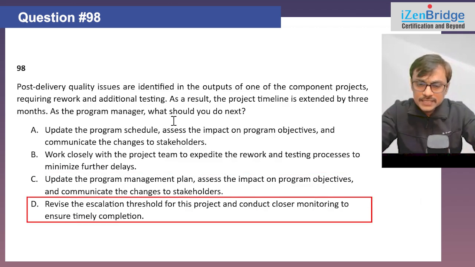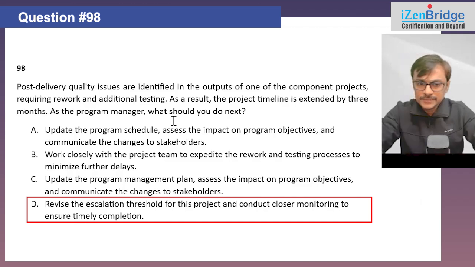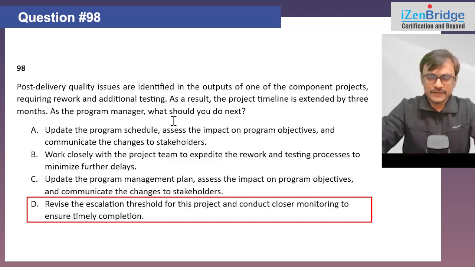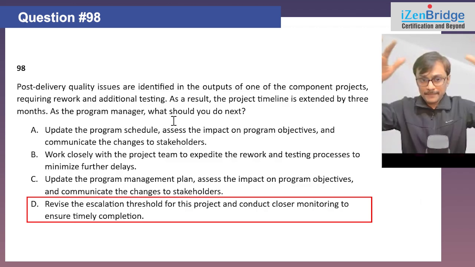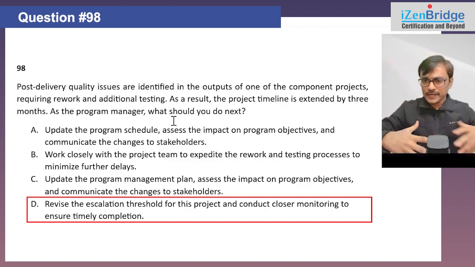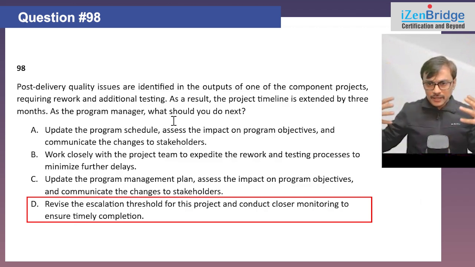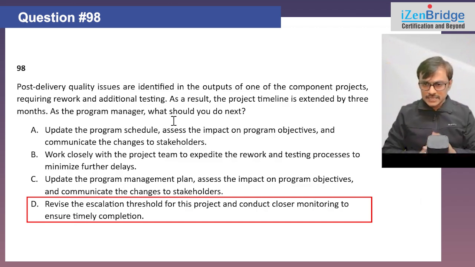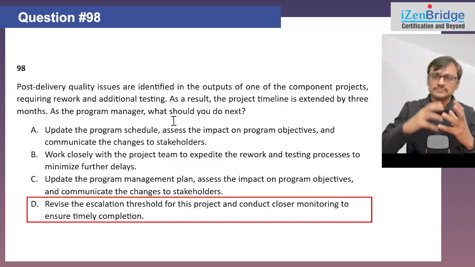Option D, revise the escalation threshold for the project and conduct closer monitoring to ensure timely completion. So B and D are relevant. I will do B or D anyway. But at a program manager level, when I have an issue, I need to analyze, I need to brainstorm, find alternatives, and then I need to fix my program management plan. And once I'm executing those things, I will become more efficient.